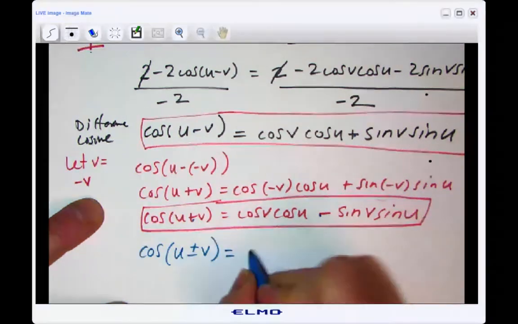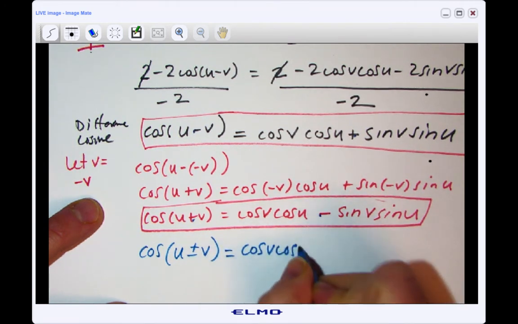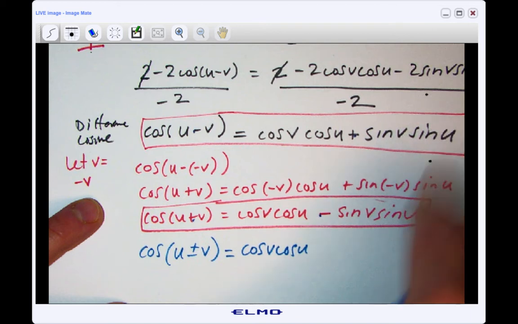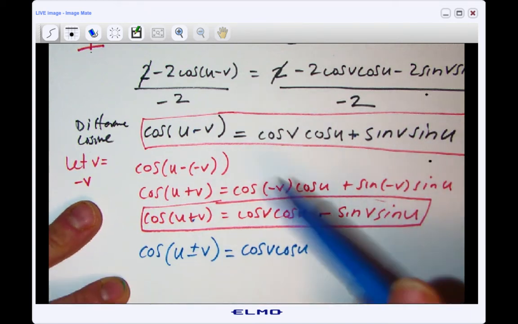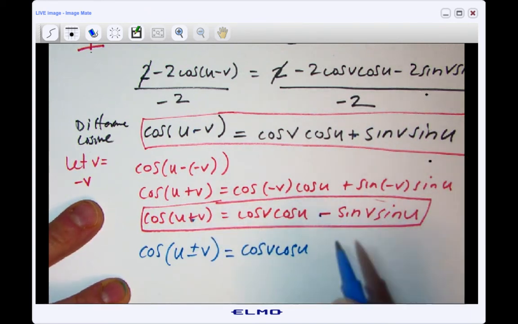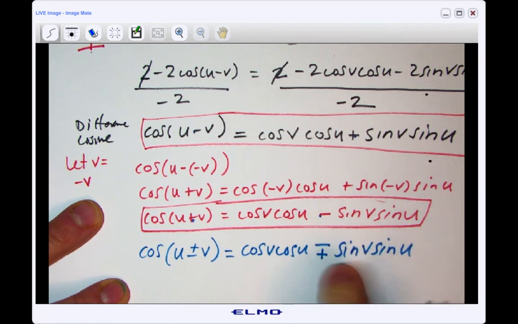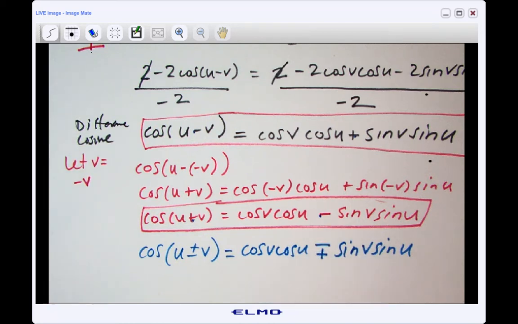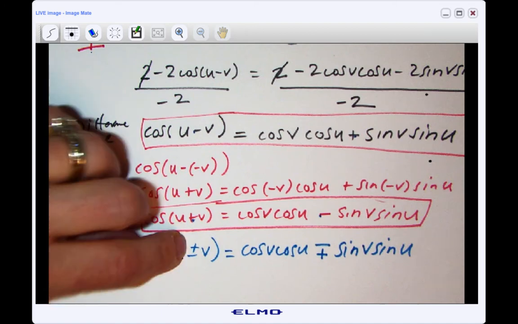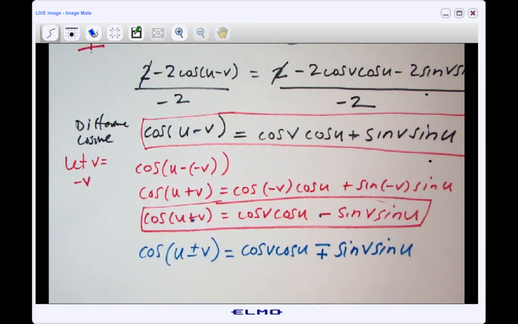So to take care of that, we say cosine v cosine u, which of course is the same in sine v sine u. But because the plus has a minus, we write this one as minus plus, and we put sine v sine u. So when you see that, it's not that people just wrote it upside down for fun. It's because it has to match these things, okay?